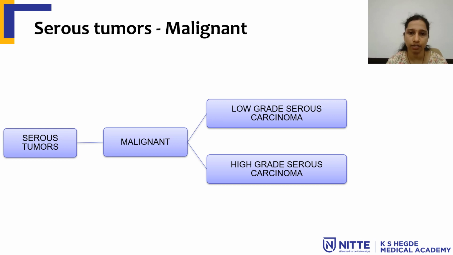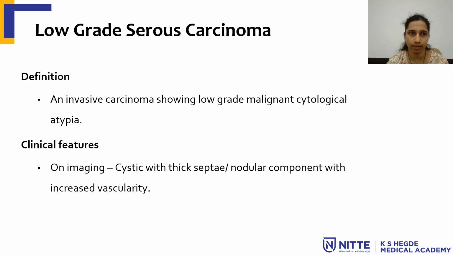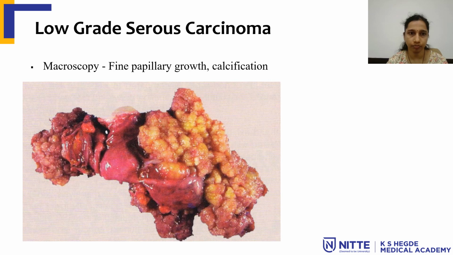Coming to malignant serous tumor, they are called serous carcinoma. Based on the pathogenesis and the extent of nuclear atypia, they can be low-grade serous carcinoma or high-grade serous carcinoma. Low-grade serous carcinomas have low-grade malignant cytologic atypia, and on imaging, they can be a cystic tumor with thick septae or a nodular component with increased vascularity.